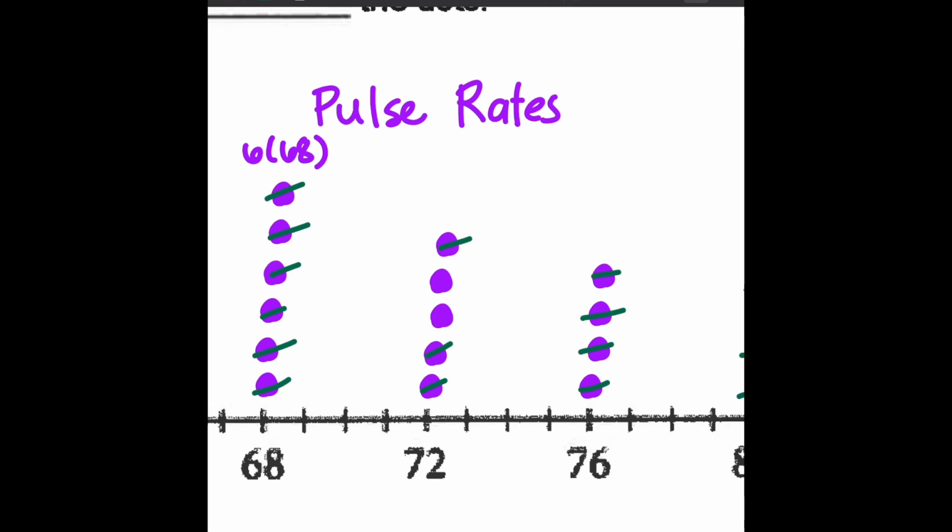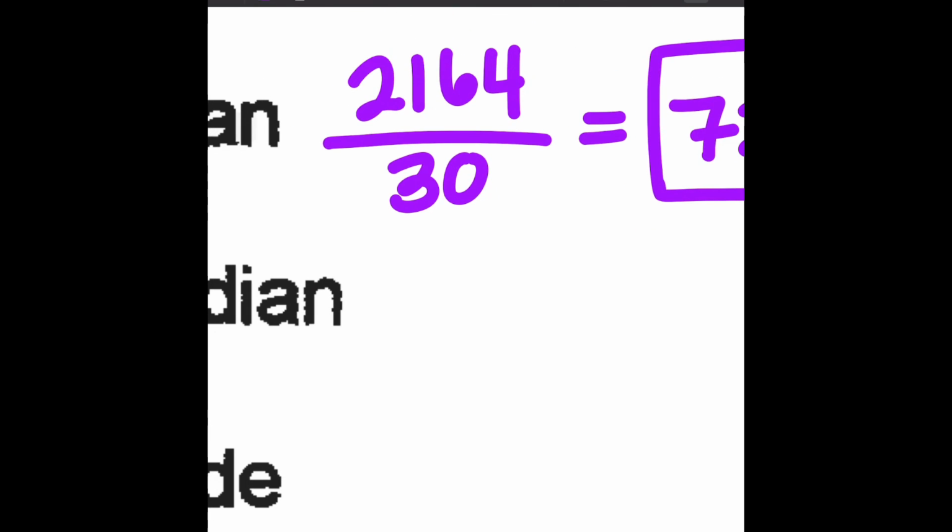So even if I were to add them together and divide by 2, I still would get the median to be 72.